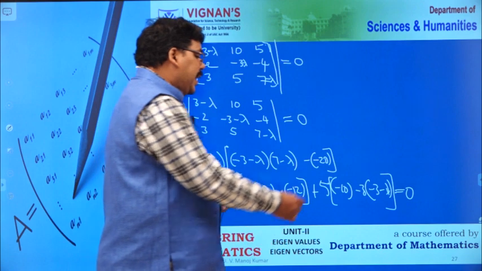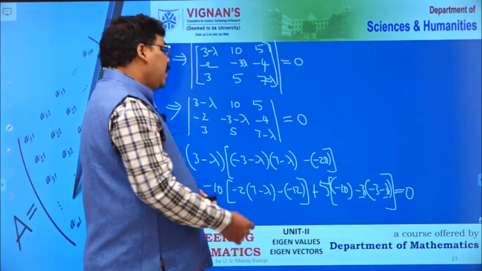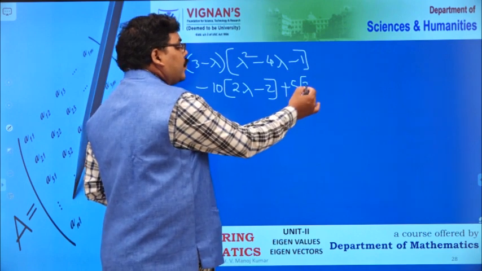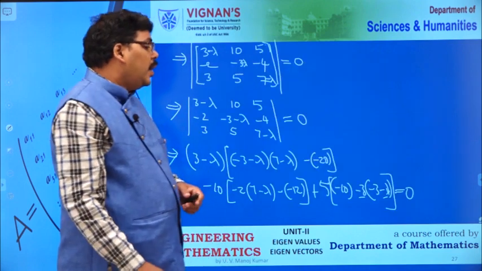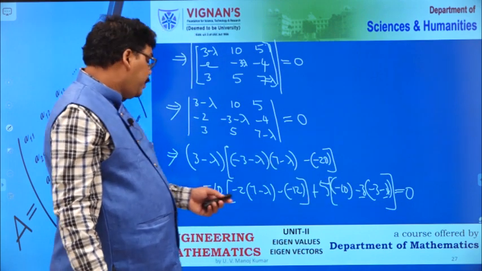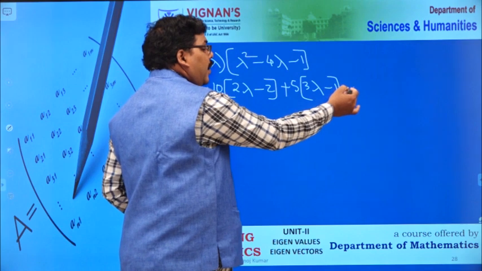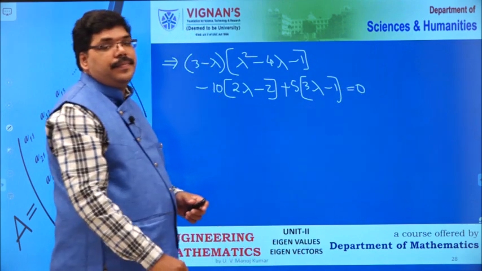If you multiply, minus 3 minus lambda becomes 3 lambda. Then constants, minus 10 plus 9 is minus 1.